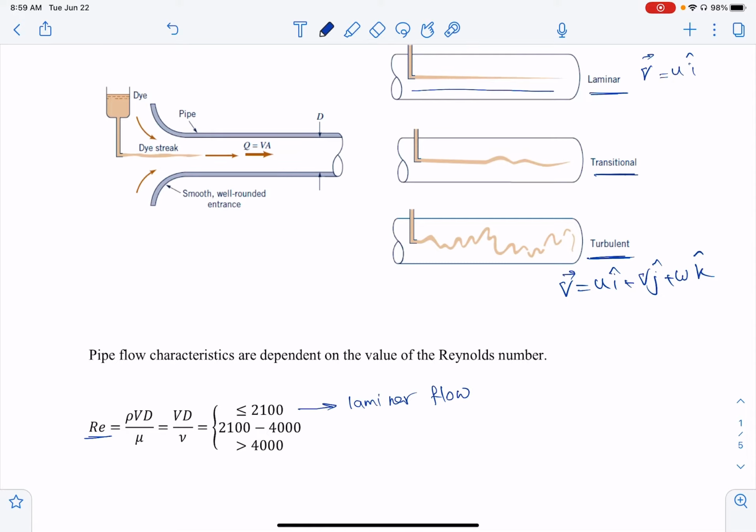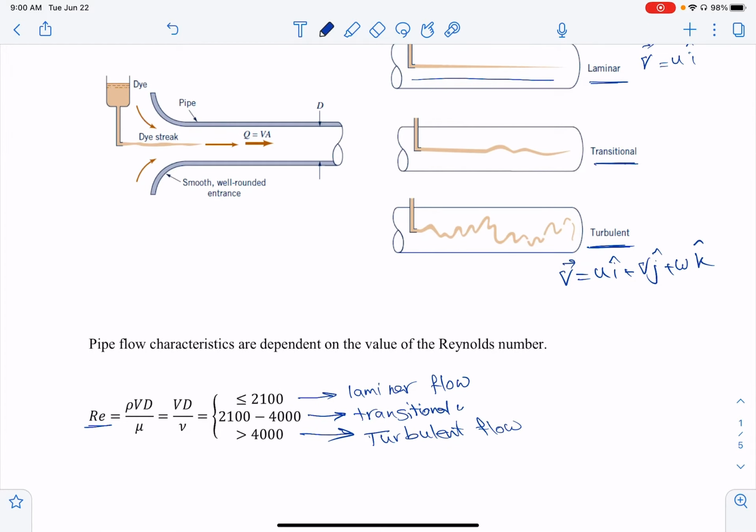If it's between 2100 and 4000, it is transitional flow. And if it's more than 4000, it is turbulent flow. So this is how we can use this number. And we know that the Reynolds number is a dimensionless number.